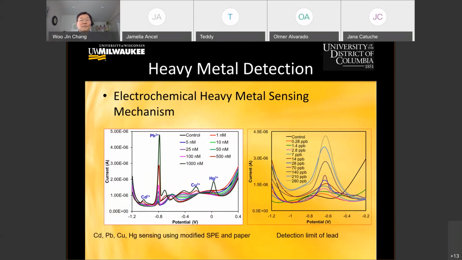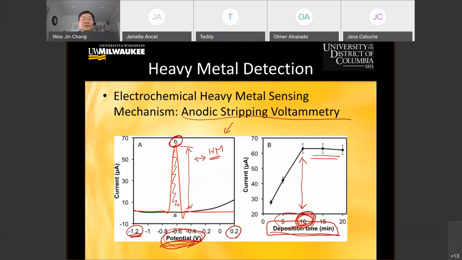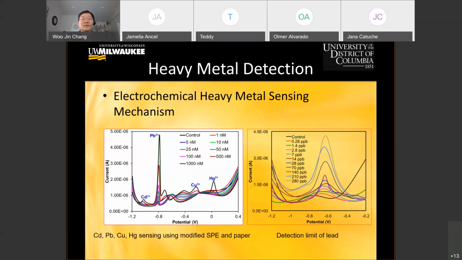And the next slide shows the detection of multiple heavy metals in a single operation. Here, I mentioned that the potential at which the target molecules are removed from the surface of the electrode varies.